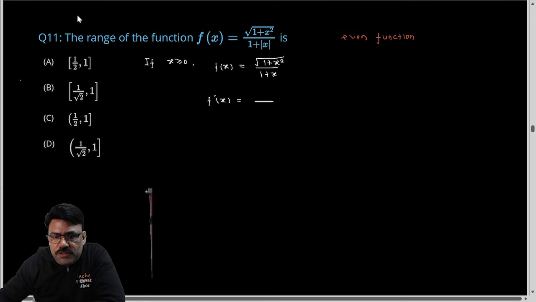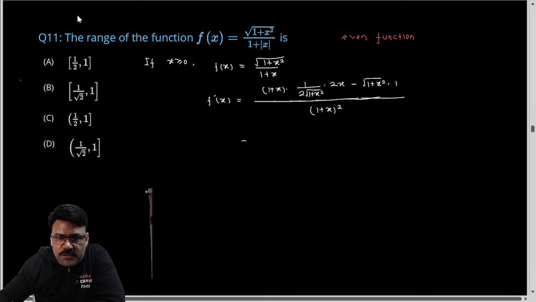When you differentiate it using the quotient rule, you will get denominator whole square here, denominator times derivative of numerator. Then chain rule, you have to differentiate 1 plus x square also, 2x, minus numerator and then derivative of denominator.